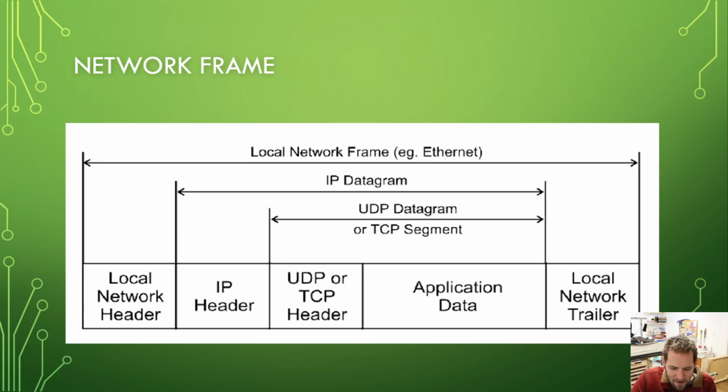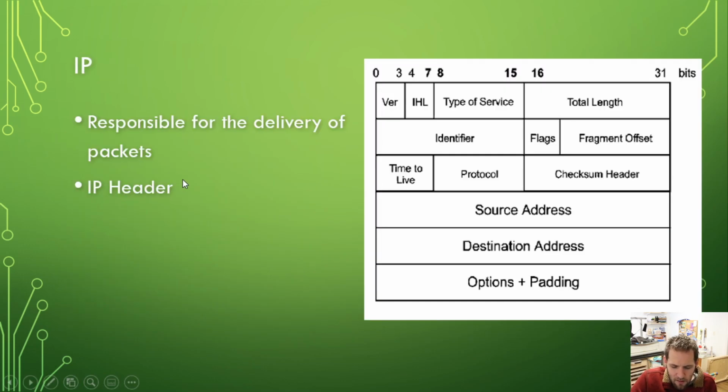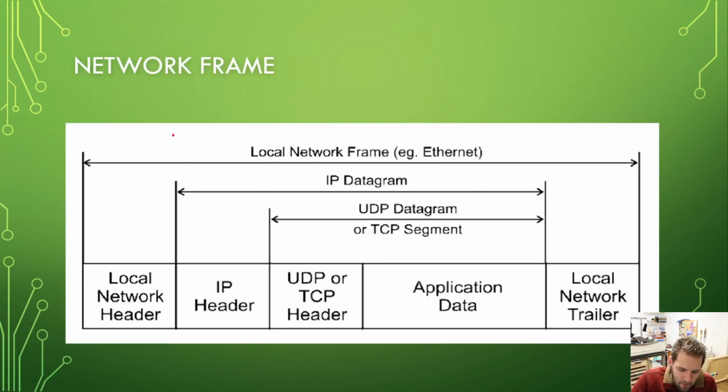The IP datagram, from here to there, is not going to change unless you move to a network that has smaller packet sizes. So let's just say this is a 16-bit message between those two lines, and we're transferring on Ethernet, which is perfectly fine. But we go to some network type that only has an 8-bit message size. Well, all of a sudden our 16 isn't big enough.